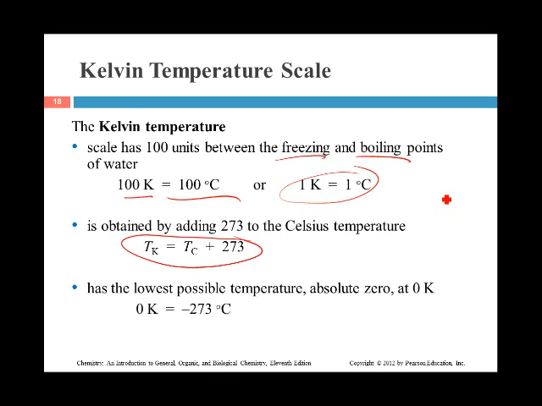All we have to do is add 273, because the starting point, if we look at the freezing point of water, is 0 degrees Celsius, but it's 273 Kelvin. So because of that difference, we have to add 273.